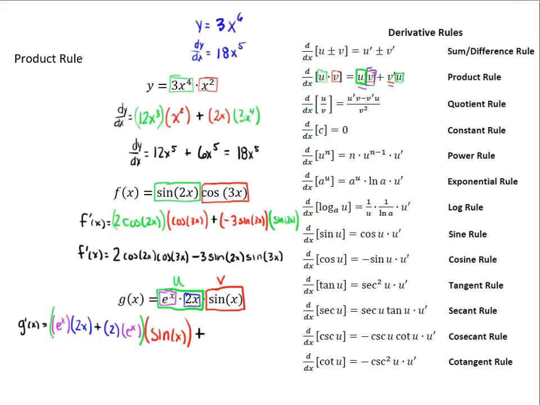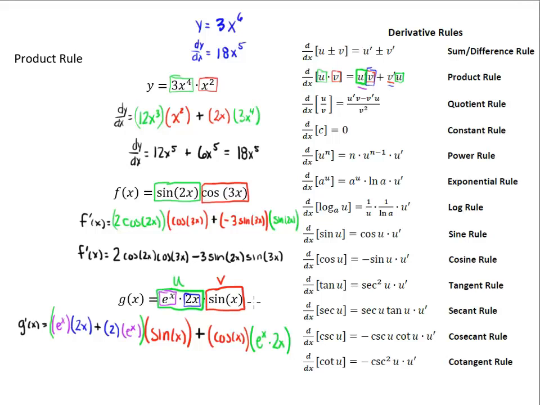Plus the derivative of sine of x. So derivative of sine of x, that's cosine. So this is going to be cosine of x times the derivative of x, which is 1. And then times u, just the way it is. So e to the x times 2x. And that is the derivative of e to the x times 2x times sine of x.